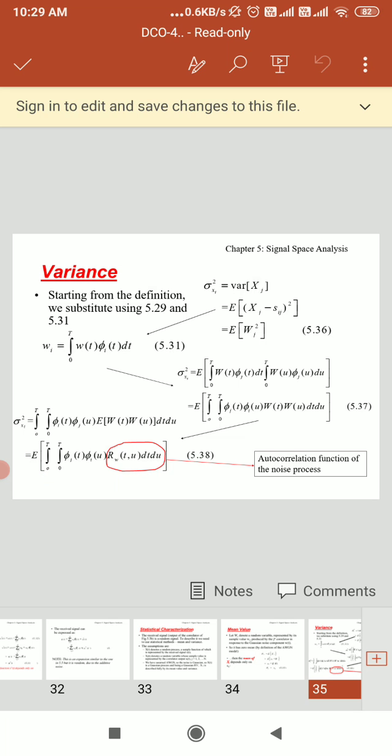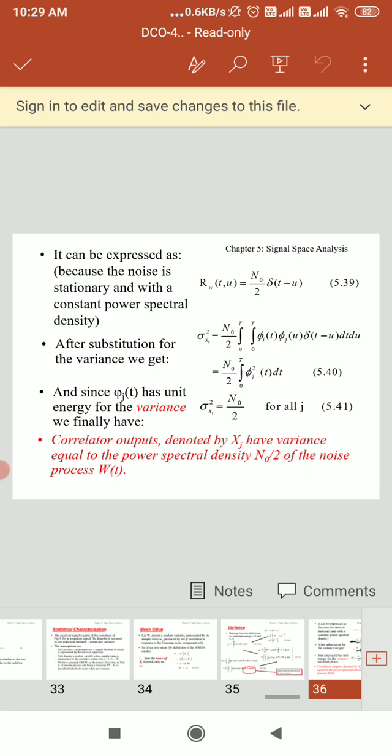So we can say it depends on the autocorrelation function of the noise process. Because the noise is stationary with a constant power spectral density, we can express the autocorrelation as RW of t comma u equal to N naught upon 2 delta of t minus u.